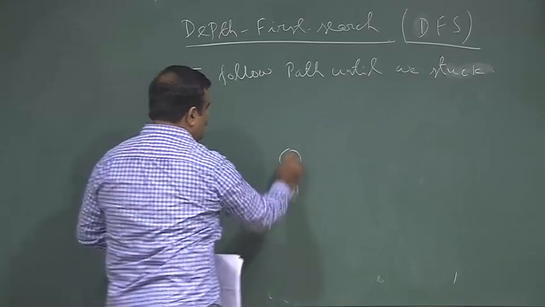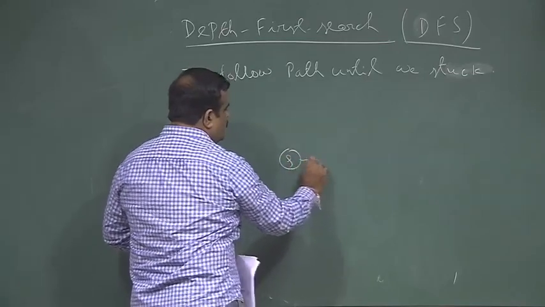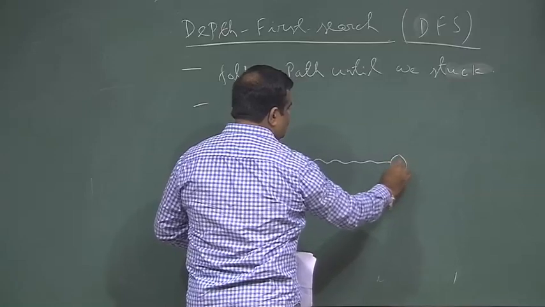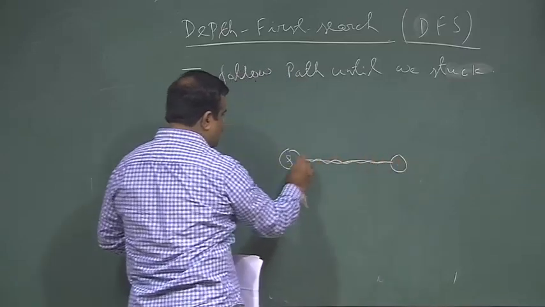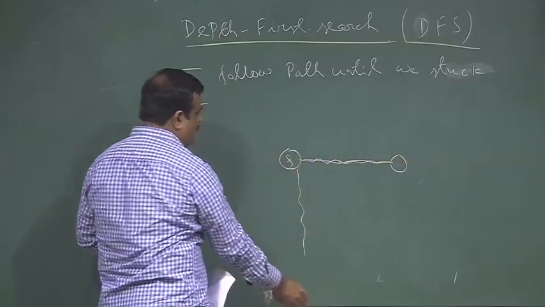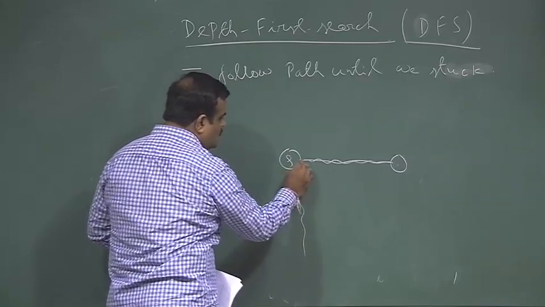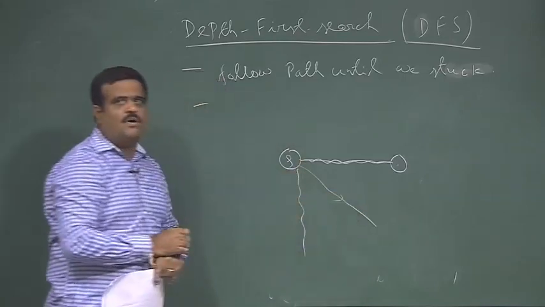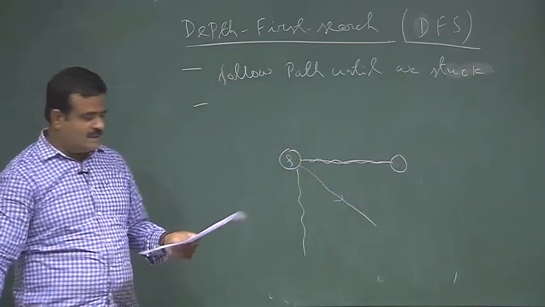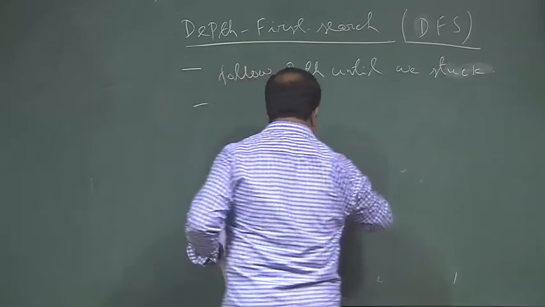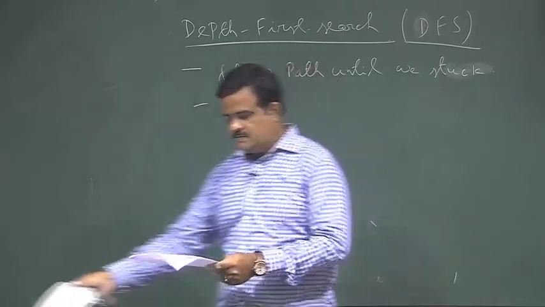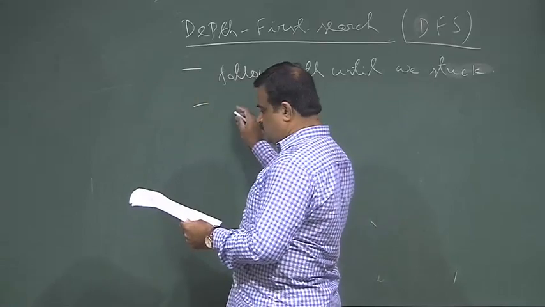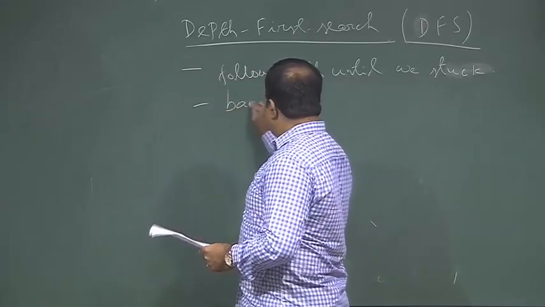So we start from here, say, we keep on going until we get stuck, there is no way to go, then we come back here, then we explore the other path from here, again if we get stuck, we will come back, we will explore the other path from here like this. Okay, so backtracking is necessary here. So recursively we will do this.